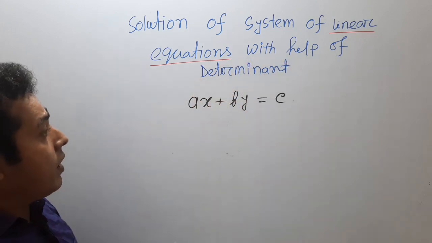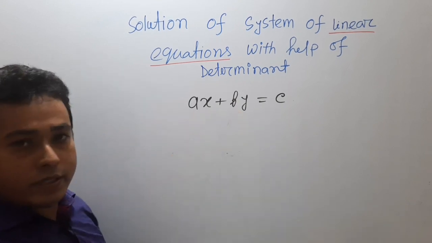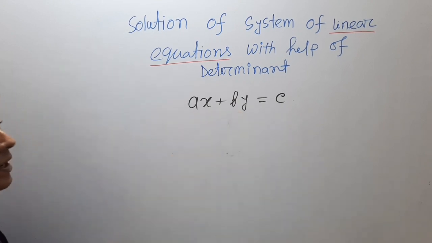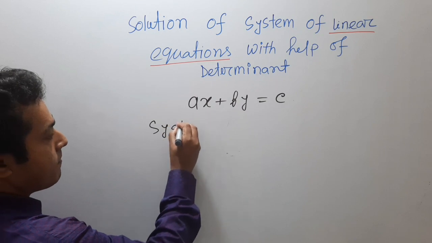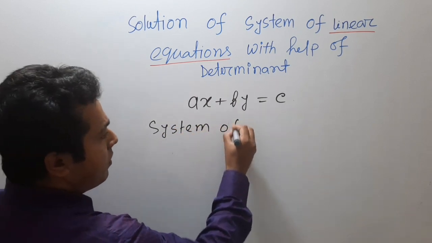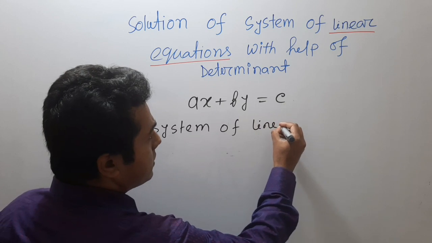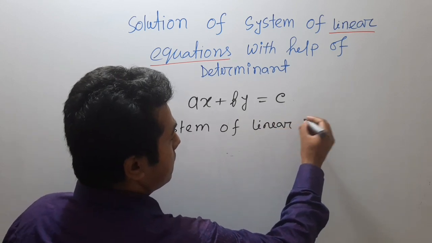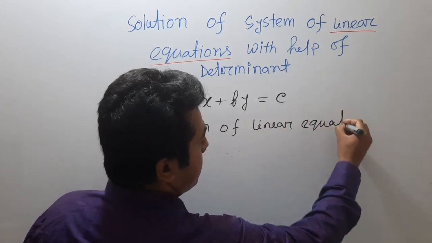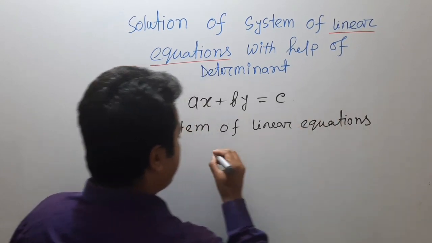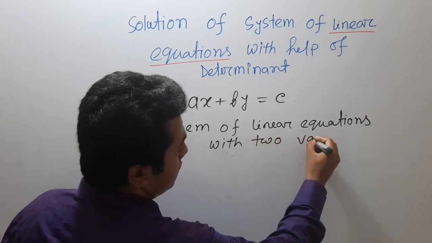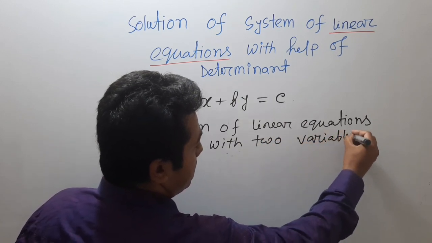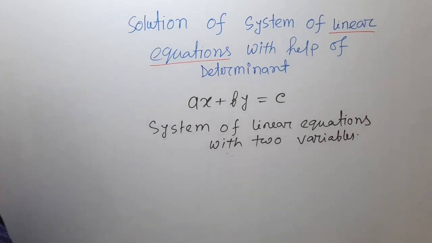Okay, this is the two variable equation. So system of linear equations with two variables.